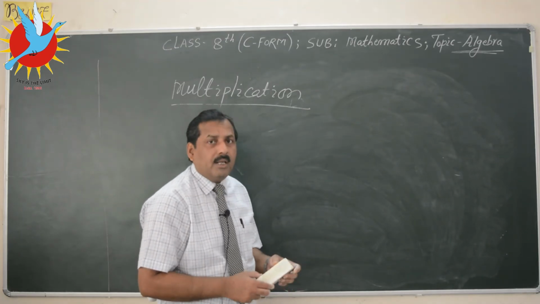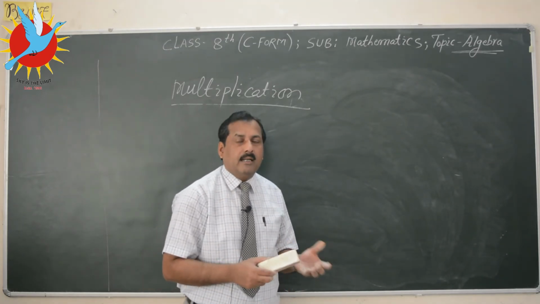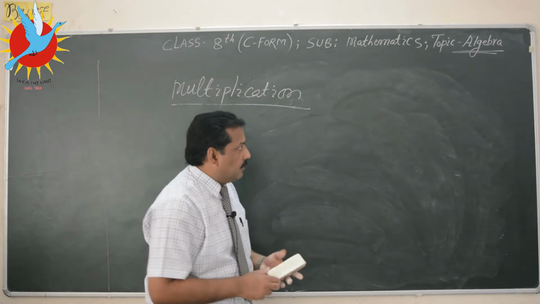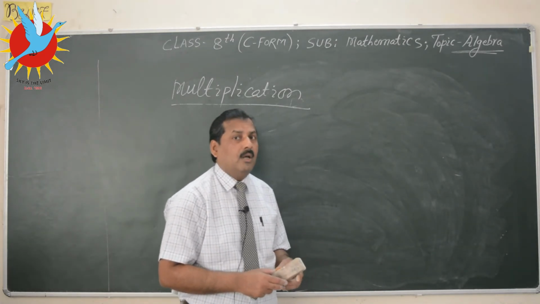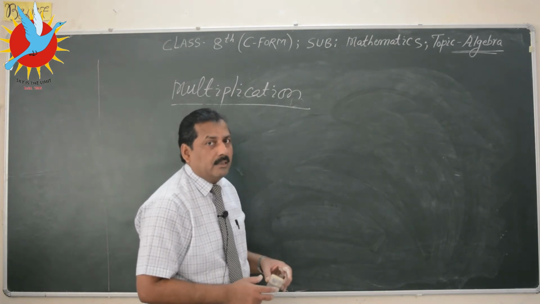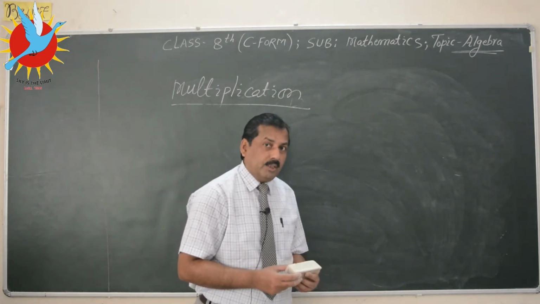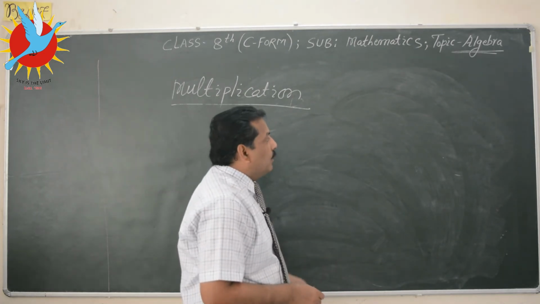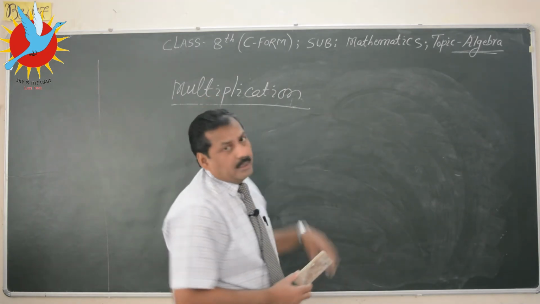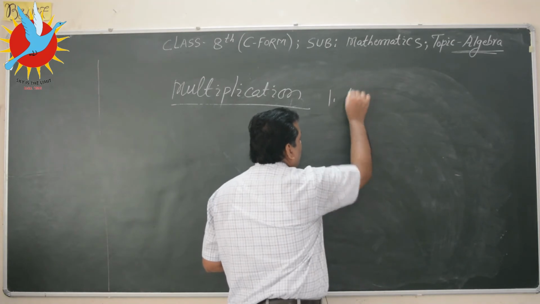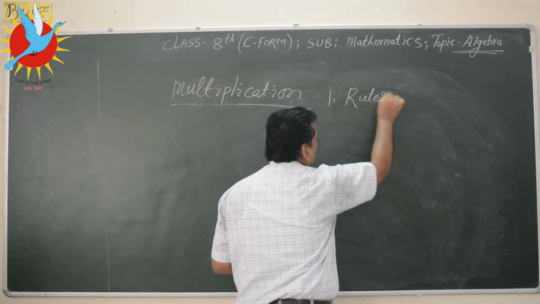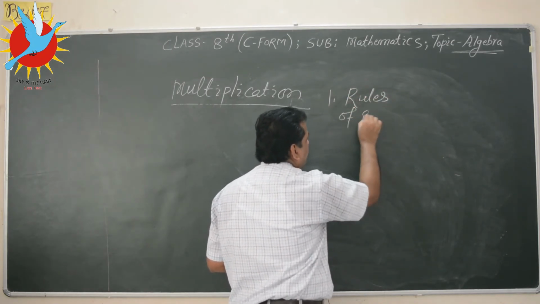This is just simple, and this is attached to our real life situation. The only difference is that different symbols are there. These symbols are known as variables, constants, operational signs, plus, minus. So now let us start this multiplication. First of all, the rules of sign.